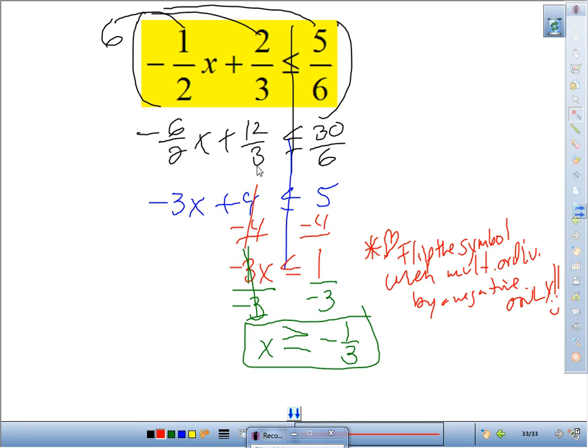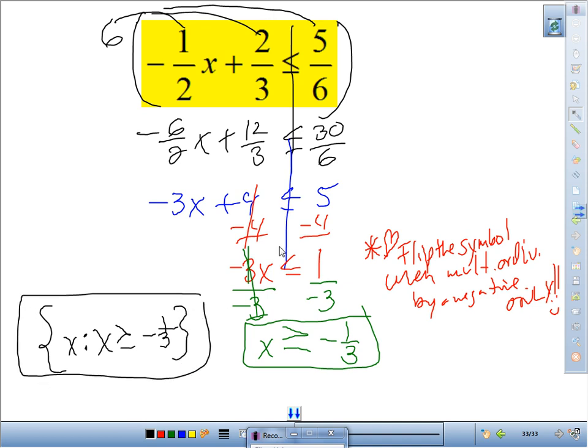Yes, you need to simplify. That's how we get rid of the fraction. Solution set: x such that x is greater than or equal to negative 1/3. And you guys already know how to graph, right? So once again, make sure tonight you double check that you're flipping the symbol.